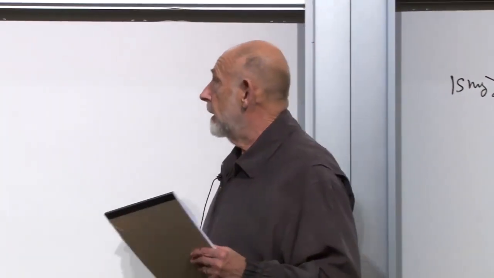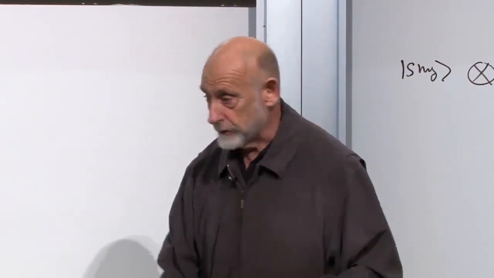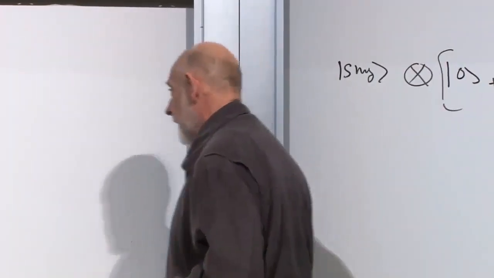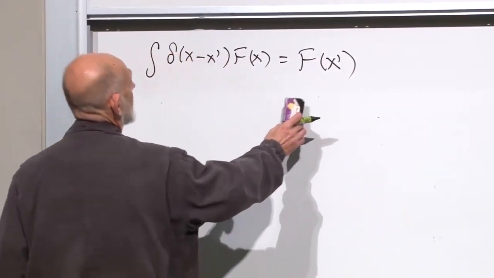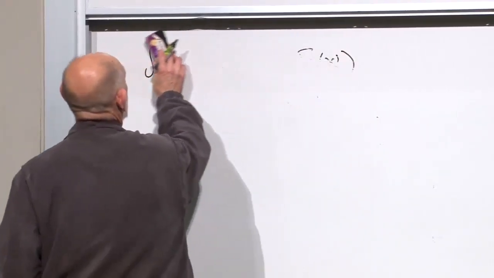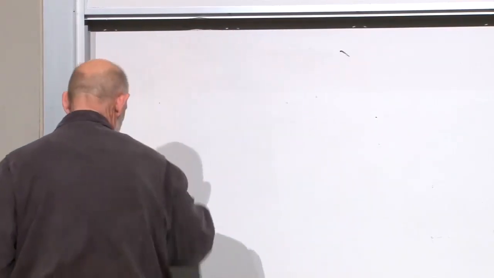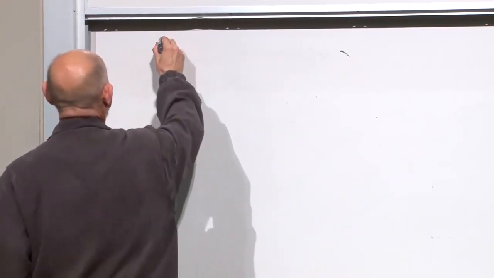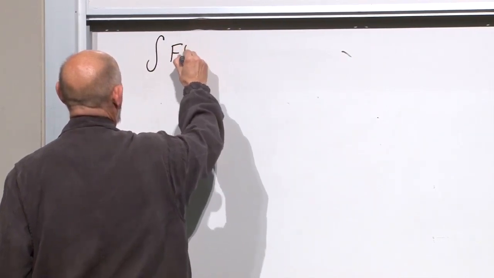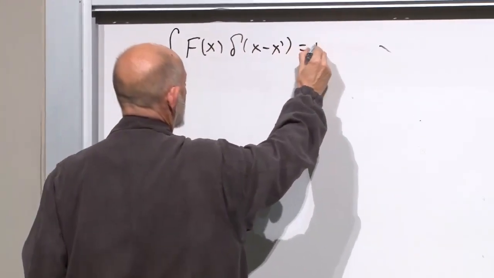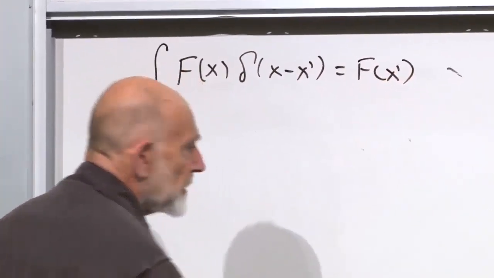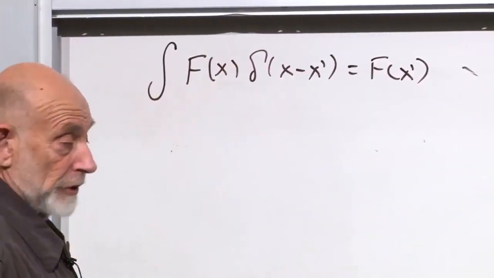Okay, now I'm going to prove a theorem which provides an important representation of the delta function. I think we can erase this for the moment. Actually, I probably didn't want to erase that: the integral of f of x delta of x minus x prime is equal to f of x prime. Now, this actually is a sufficient definition of the delta function.